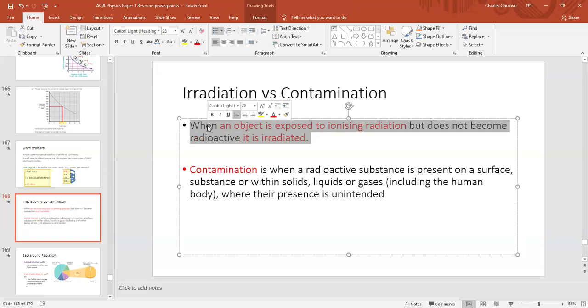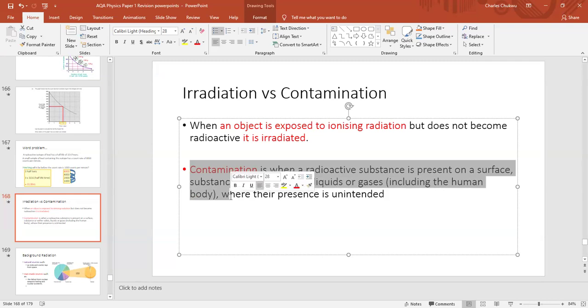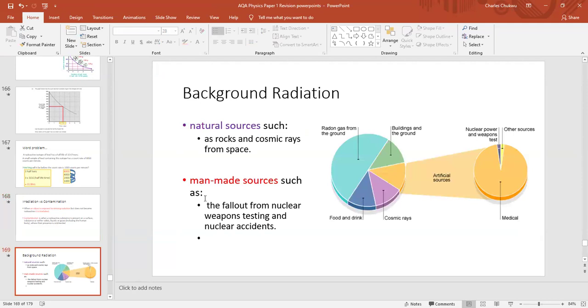So that's the difference between it and contamination. Contamination is when a radioactive substance is present on a surface, on a substance or within solids, including the human body, where their presence is unintended. All right, so that's the difference between contamination and irradiation.